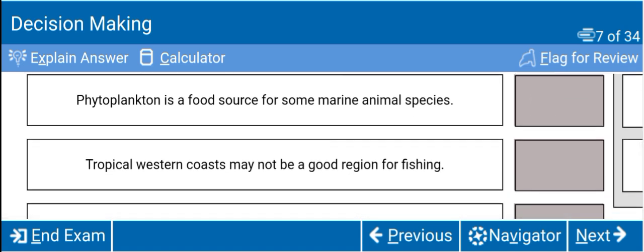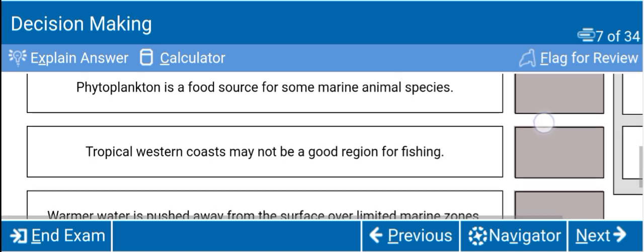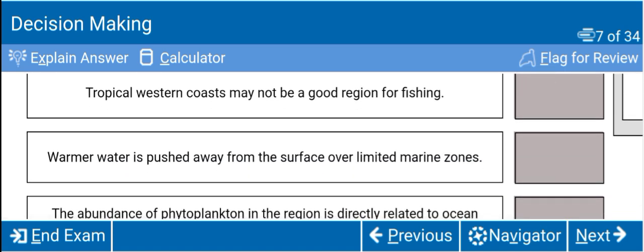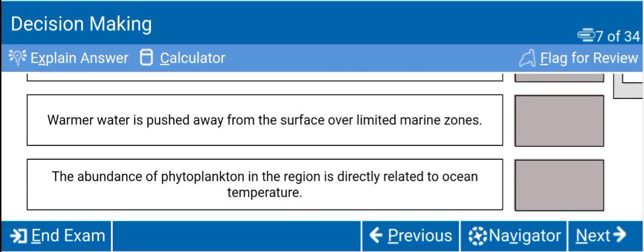Third, tropical western coast may be not a good region for fishing. Fourth, warmer water is pushed away from the surface over limited marine zones. Fifth, the abundance of phytoplankton in the region is directly related to ocean temperature.